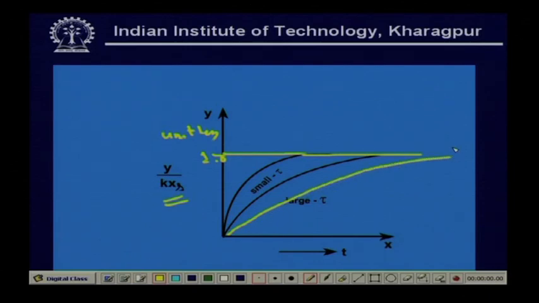Suppose I have an example of this: a thermometer, a simple mercury glass thermometer. Depending on the type of liquid you are using, the thickness of the glass and all those things, it will have some value of tau, because physical parameters control the value of tau.